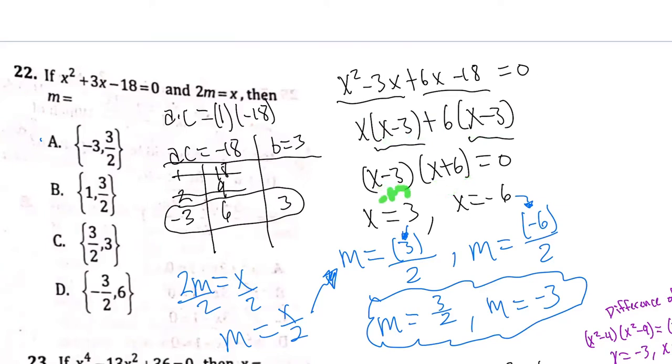So plus 3, minus 6 on both sides: x equals 3 and x equals -6. We plug it in. 3 divided by 2 is just 3 over 2. -6 divided by 2 is -3. These are my two m values, because we're solving for m. So we have A as our final answer.